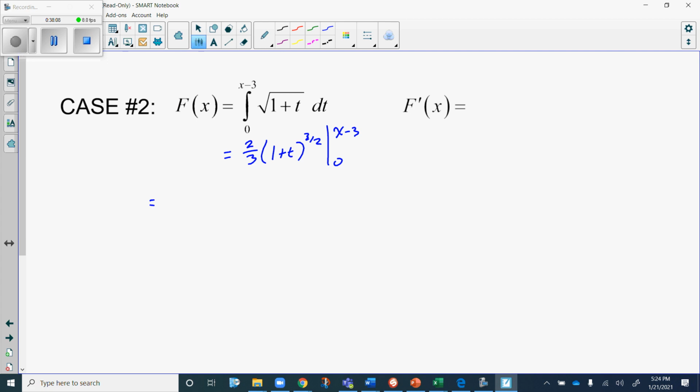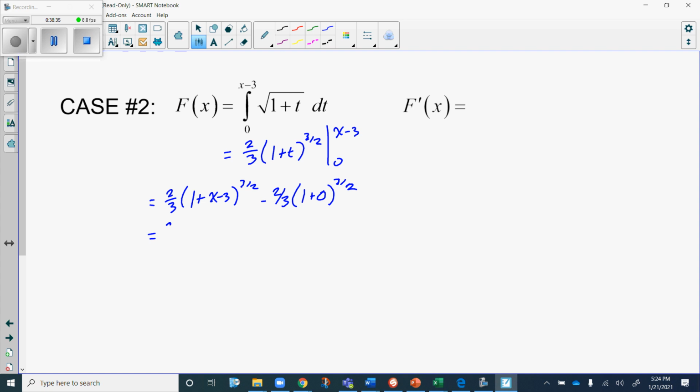So here we're going to say 2/3 times 1 plus, in this case, x minus 3 to the 3 over 2 power. And then we're going to say minus the 2/3 times 1 plus 0 to the 3 over 2 power. And see what we end up with.